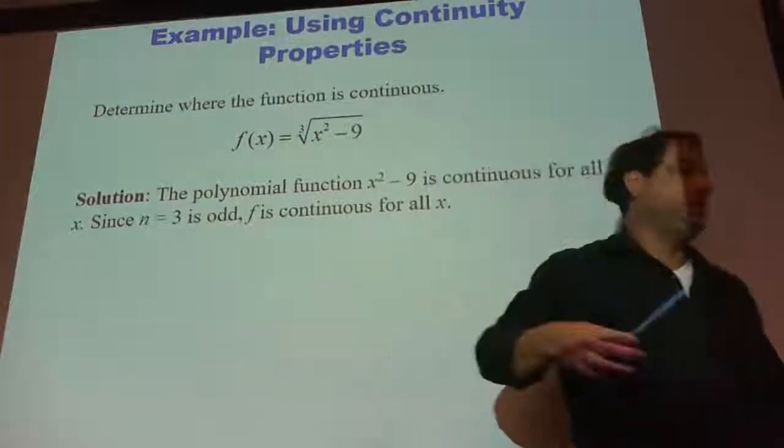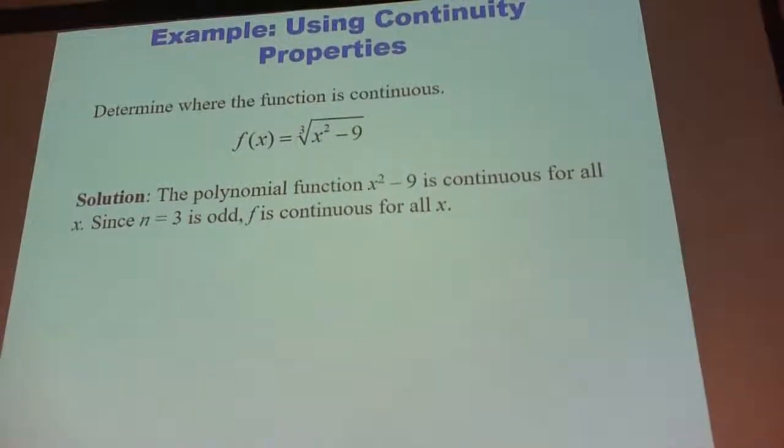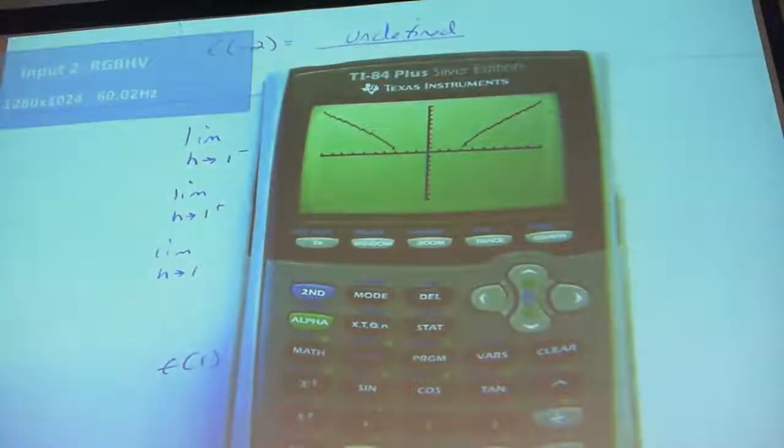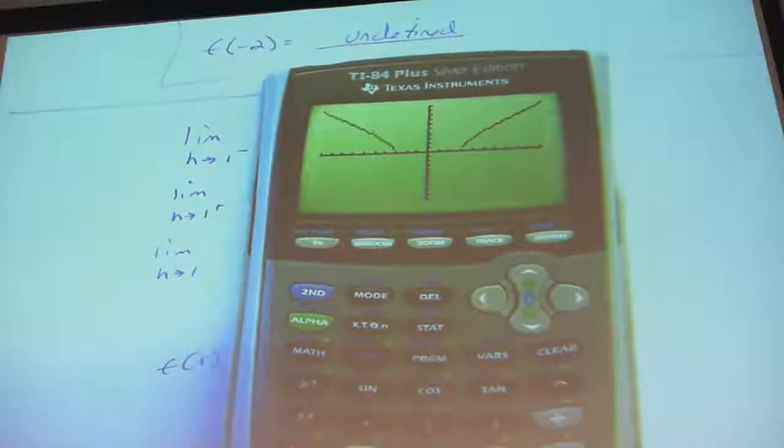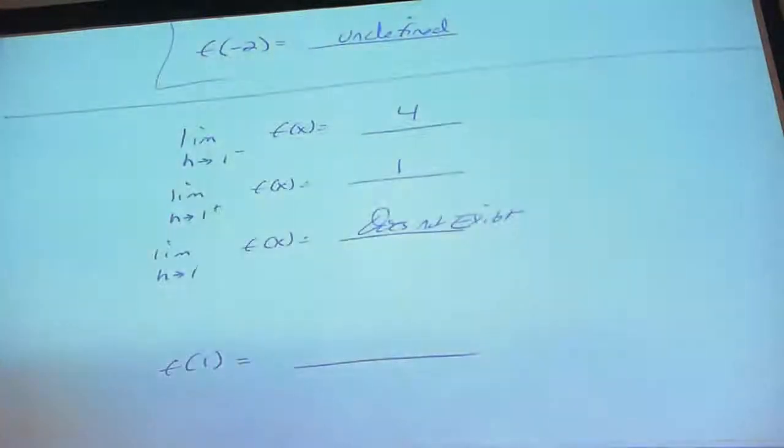But where you have to be careful is if this wasn't a cube root but a square root, it's got some restrictions. Look what happens when I do the square root of x squared plus 9. Is it continuous? Nope, it's got restrictions. Good questions.